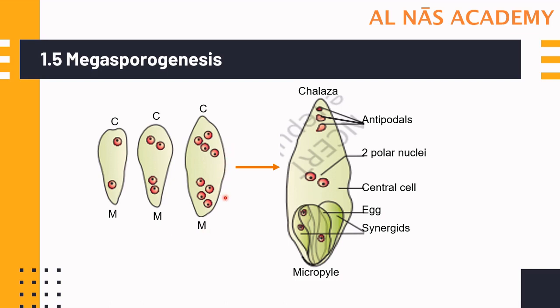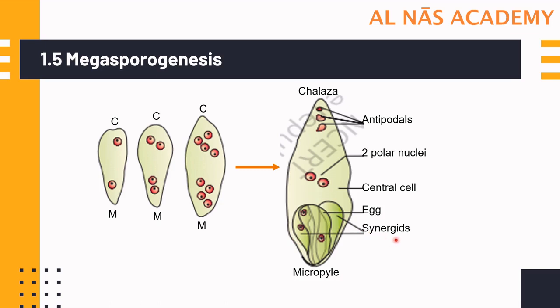These 8 nuclei rearrange themselves, 3 towards the chalaza end and 3 towards the micropyle end, 2 at the center, followed by cytokinesis. Then 3 cells are formed towards the chalaza end, which are called antipodals, and 3 are formed towards the micropyle. Of these 3, the 2 cells are called synergids.